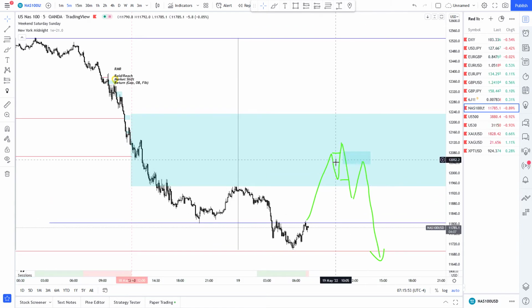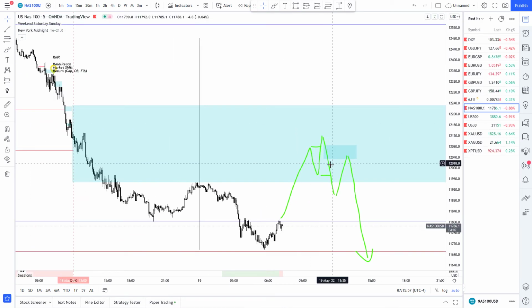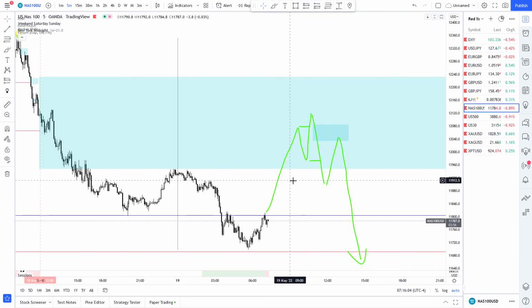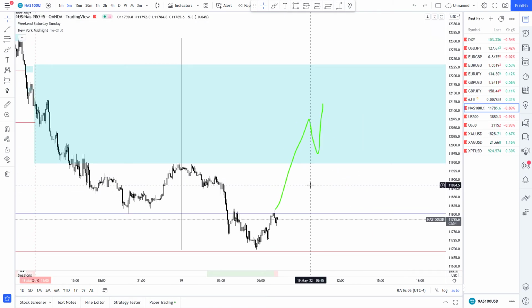So this would be like the Goldilocks scenario for me. Of course, a short RMR can happen not in this gap, but if it does happen in this gap, that would be something that I'm kind of looking for at the moment.